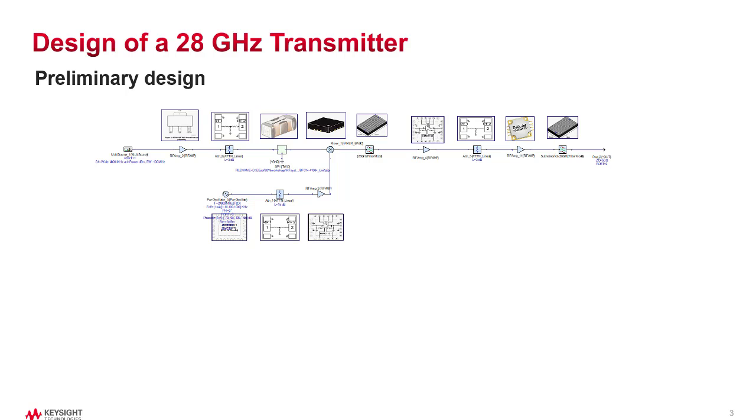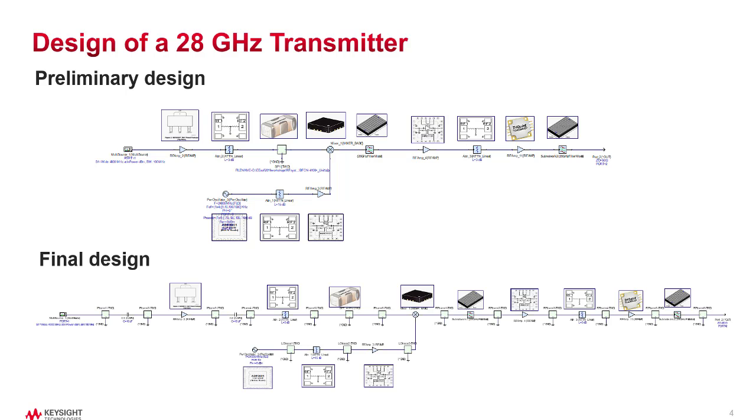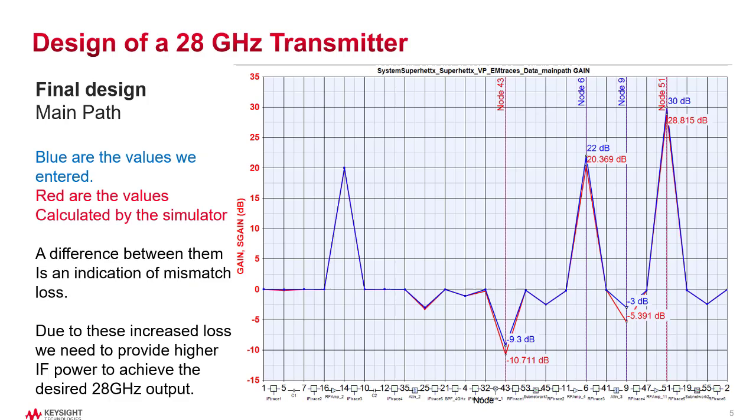Here we see a 28 gigahertz upconverter design that was worked on by a few of my colleagues for previous seminar material. I'll share a link at the end if you're interested in going back to review that material. What we found that was very interesting was after we started to put the lineup together and start to include some of the PCB trace losses and the mismatch effects due to the traces not being perfect 50 ohms, we were surprised how much the performance could be degraded.